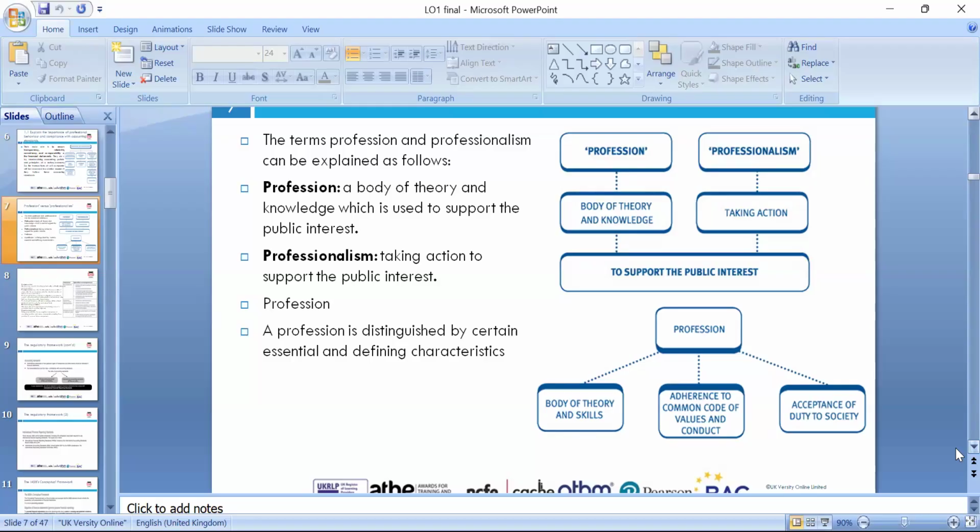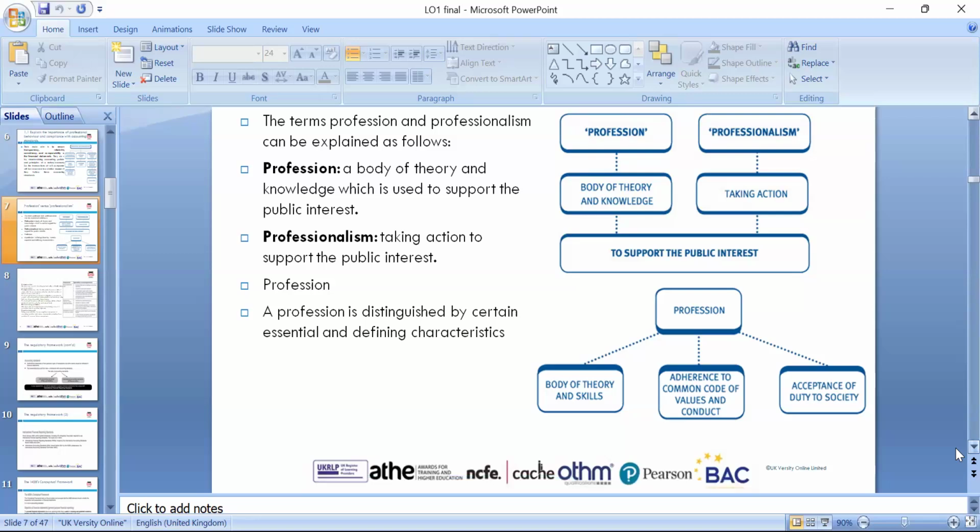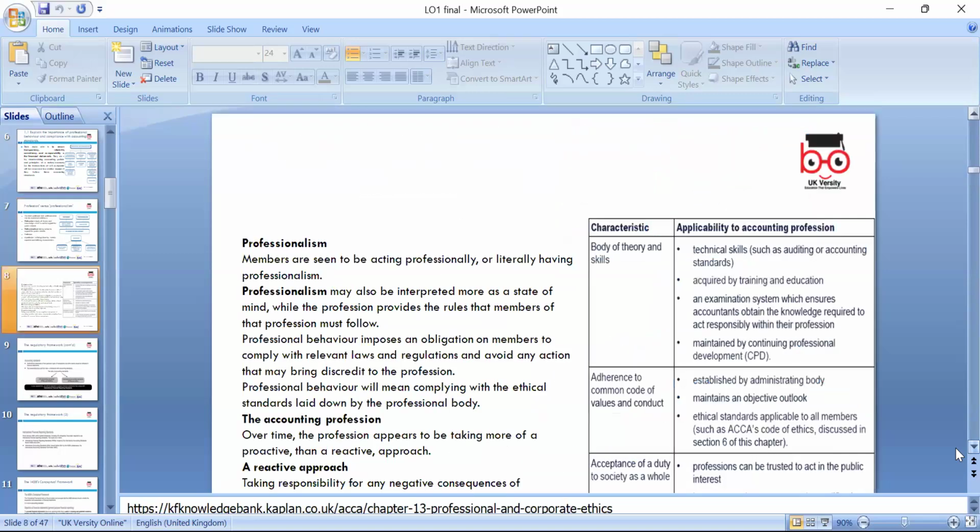Okay, so profession and the professional, we need to look at certain essential defining characteristics, the qualities which need to be taken into account. Members are seen to be acting professionally, literally having professionalism. They have up to date knowledge. They follow the rules and regulations, and they work in the best interest of not only the shareholders but also stakeholders nowadays.